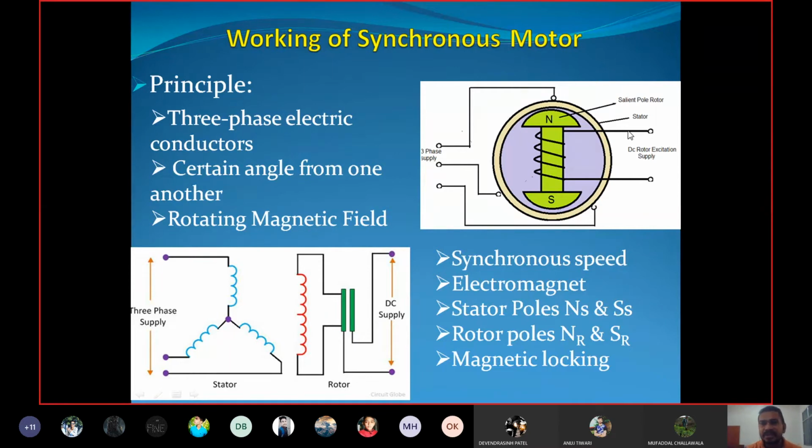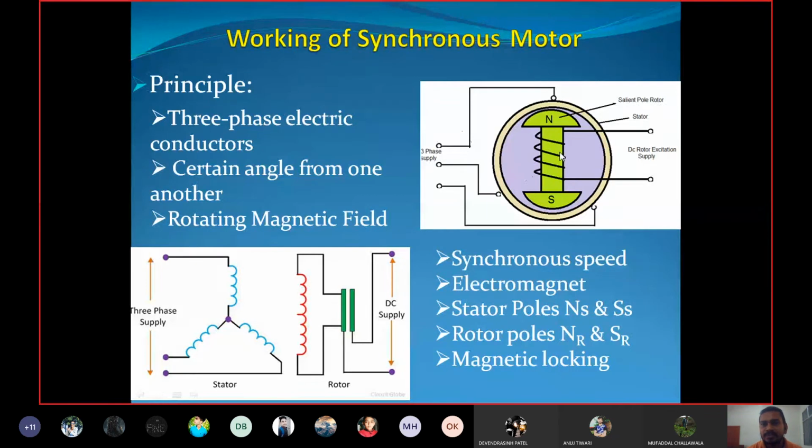What happens when DC supply or excitation is given? Current flows through this field winding, which is known as the field current. As soon as the field current flows through this winding, this magnetic pole is magnetized and magnetic poles are produced, that is, the rotor poles are produced.